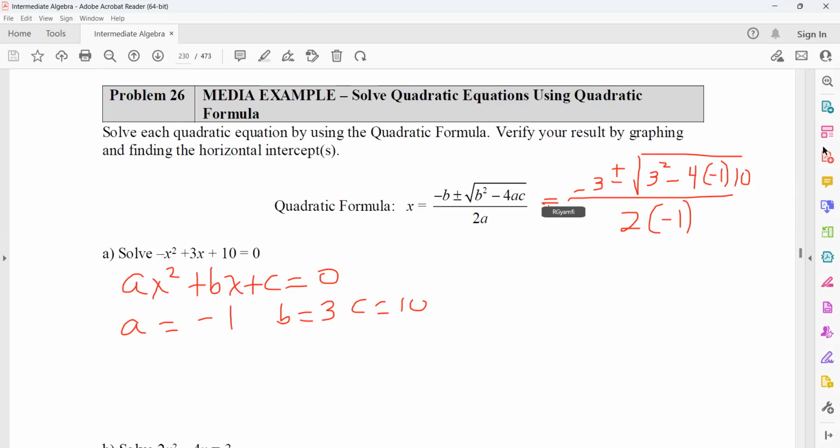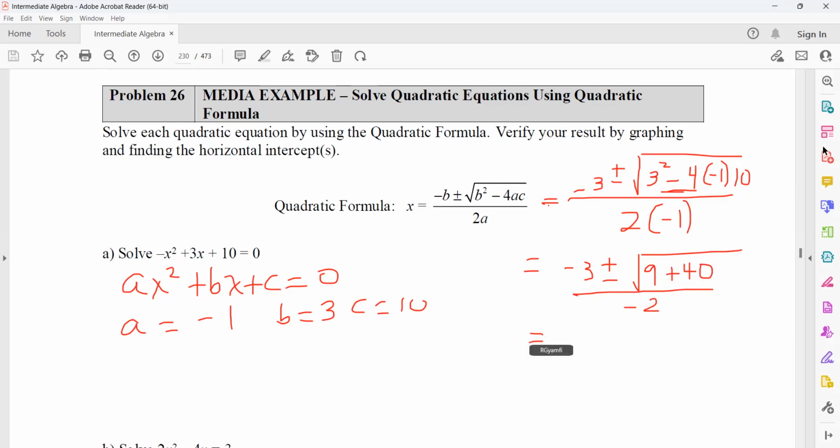Okay? So, this should be equal to negative 3 plus or minus. I'm going to go underneath the square root and then work those out. So I have 9. Now, I have negative 4 times negative 1, which is 4, times 10, which is 40. All over negative 2.